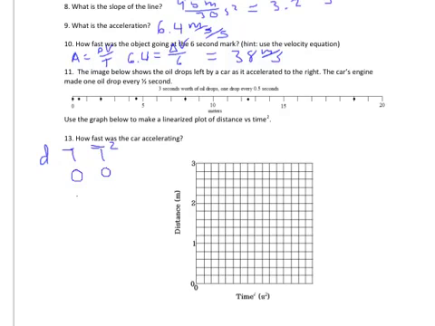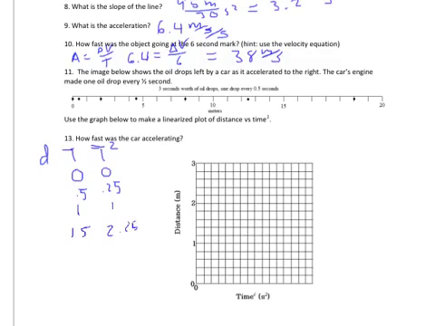So that's 0.5. And 0.5 squared is 0.25. I can't believe I had to look on a calculator for that. 0.25. And then that's the 1 second mark. And 1 squared is 1. And then I have 1.5 seconds. And 1.5 squared is 2.25.